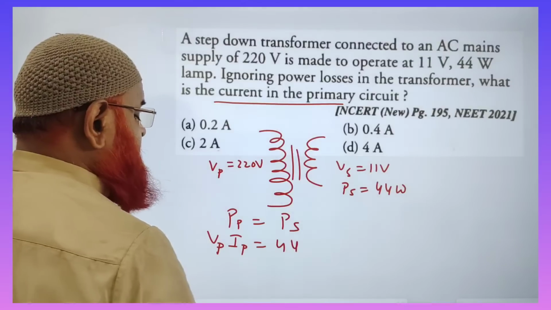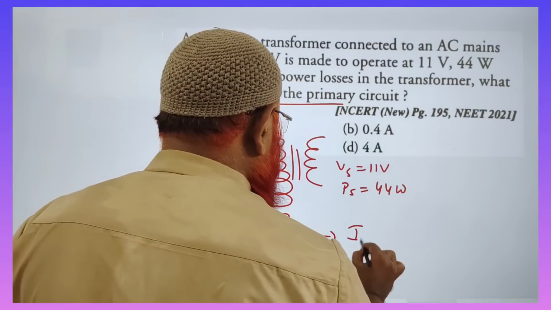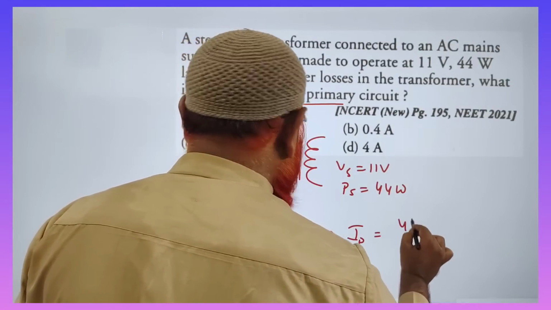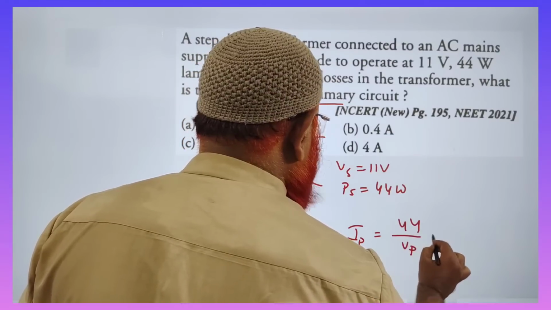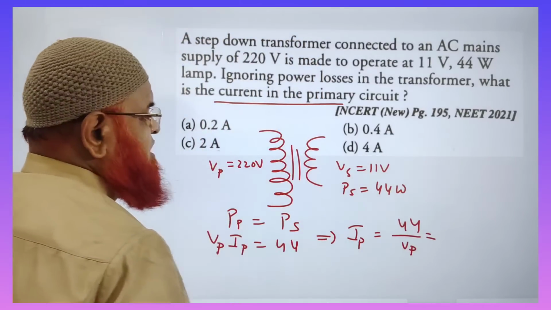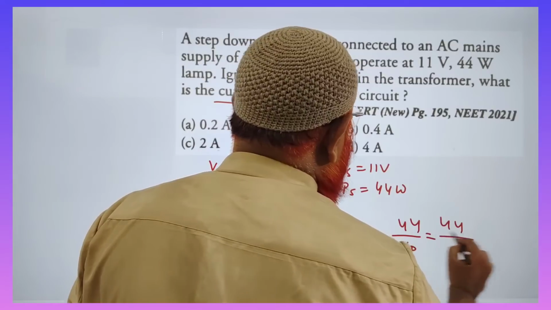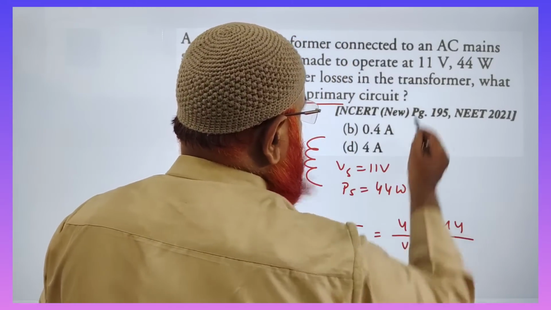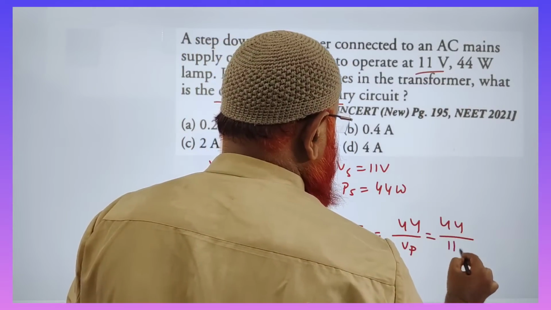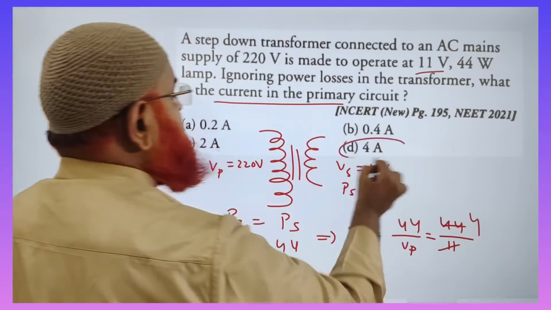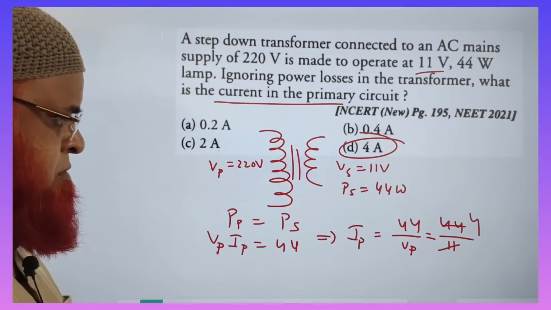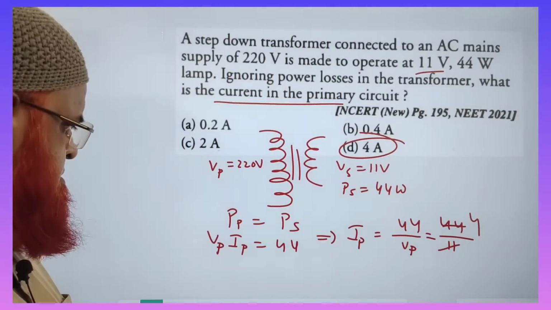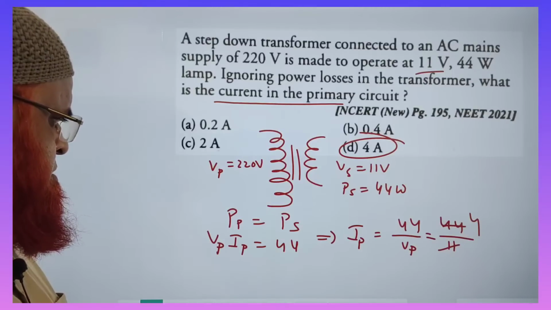So that is 44. This implies that current at the primary is equal to 44 by voltage at the primary. What is this, 44 by voltage at the primary? 11 volts? 4 is going to be the answer? No, 220, no?